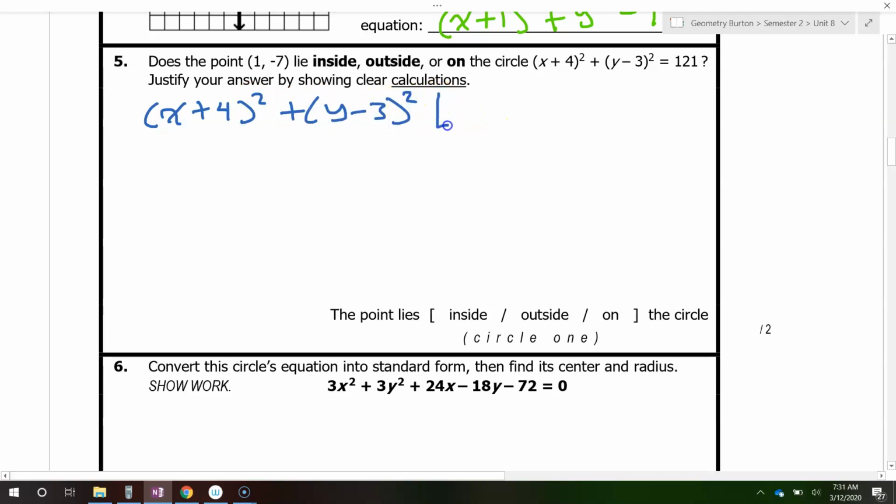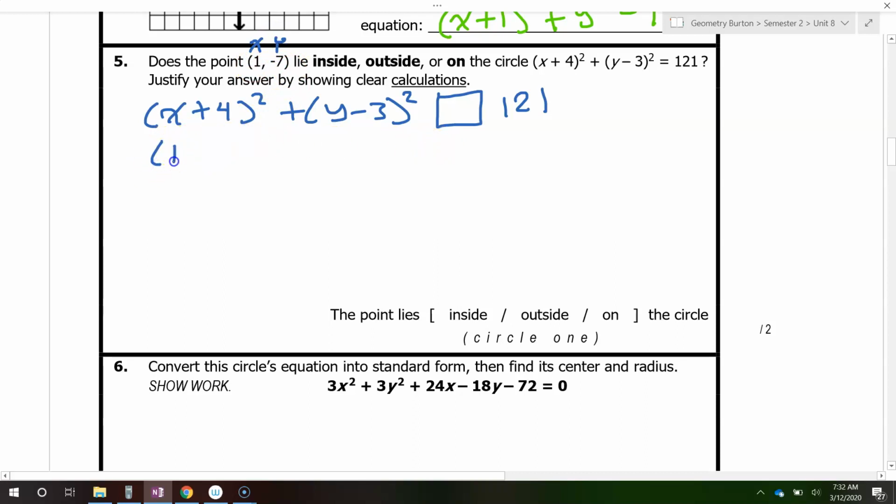Now I'm just going to put a box here instead of an equal sign, because once I plug in a particular point, I don't actually know if it's going to equal 121 or not. If it lies on the circle, it will equal 121. But if I plug in this point and I get something less than 121, that means it's inside the circle. If I get something greater than 121, that will mean it's outside the circle. So I'm going to go ahead and substitute 1 and -7 for x and y and see what happens.